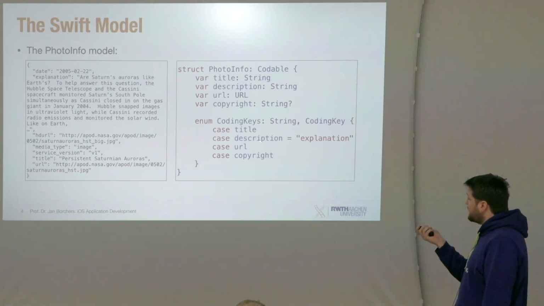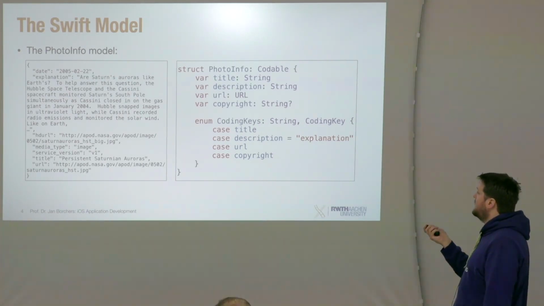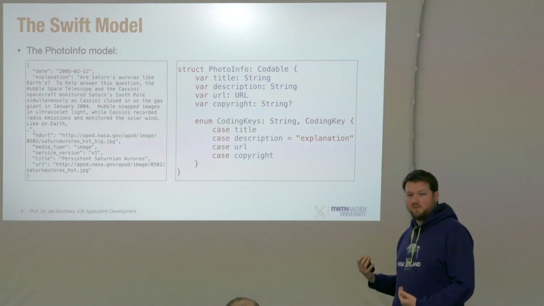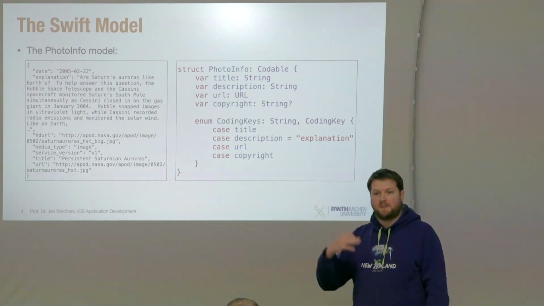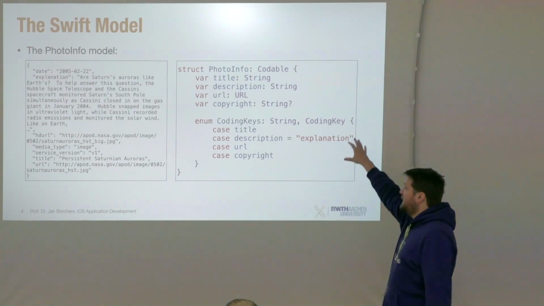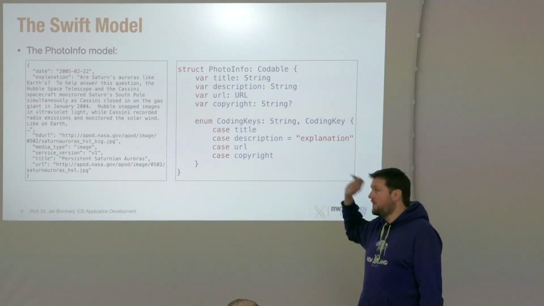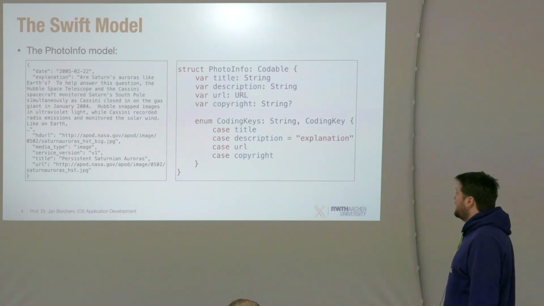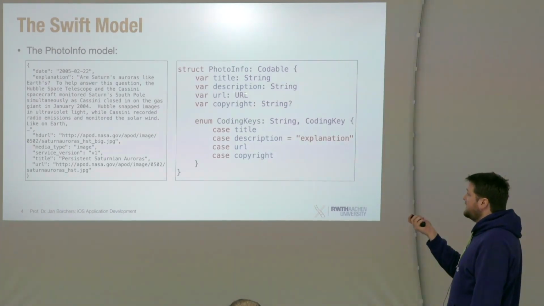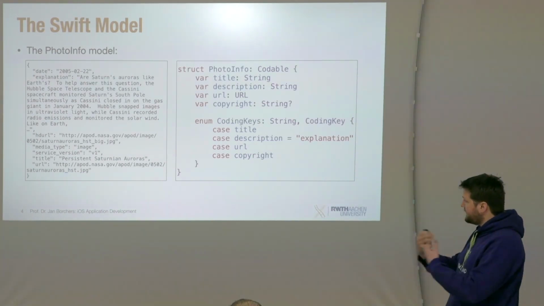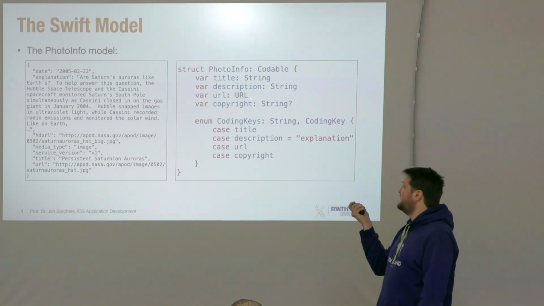And then you have the description, which you have in your model, but that is then matched with the explanation from your data that you're receiving. And with that, you have essentially your model description of the elements that you want to use, and you can specify in what format the data is.